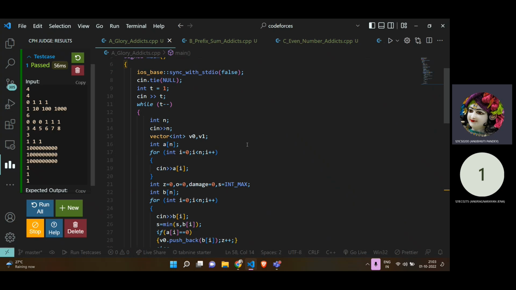So yeah, basically, we take the input n, which is the size of the array, and then for our convenience, we are defining two vectors, one of type 0, the other of type 1.